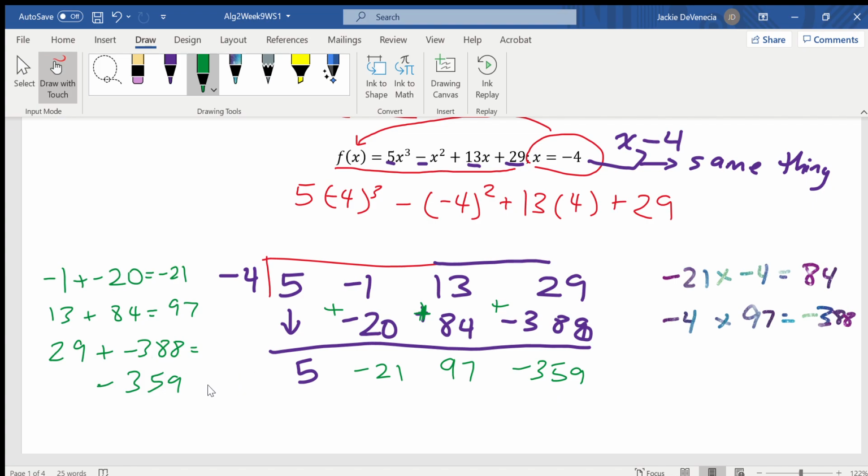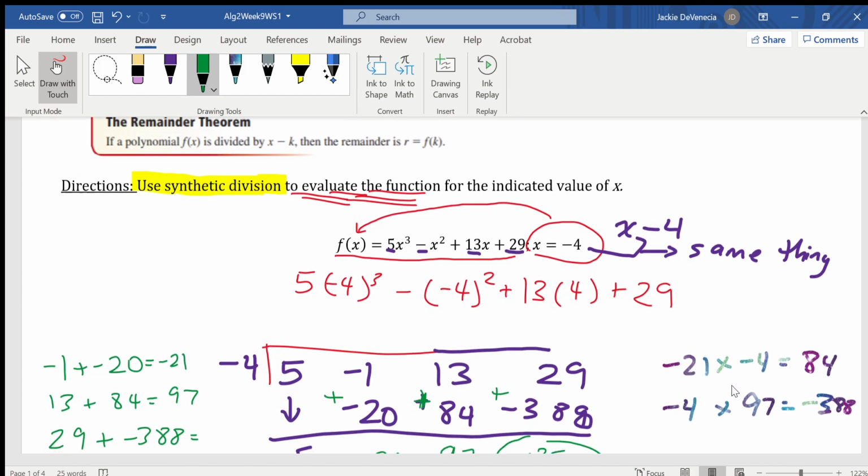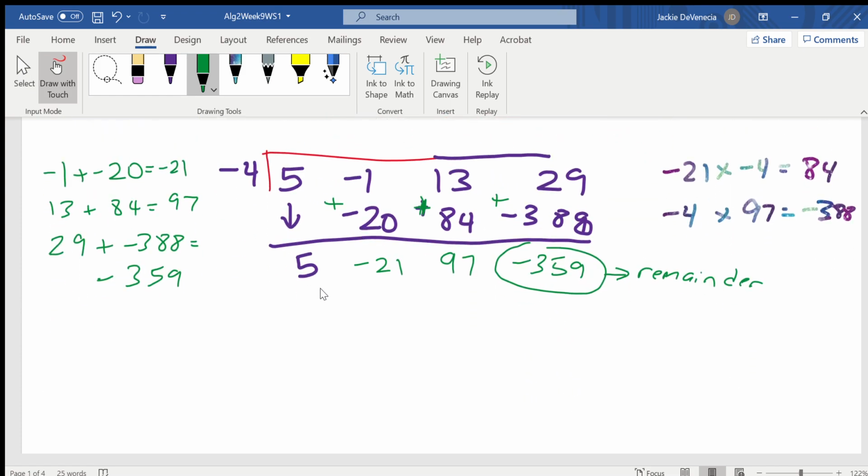All right. So now, usually when we do synthetic division, our last number is going to be our remainder. And if we use this remainder theorem up here, this is saying your remainder is going to equal the function when we plug in the value of k.